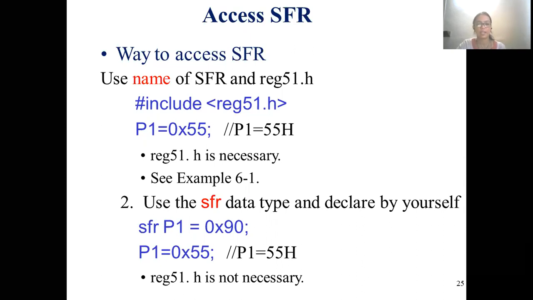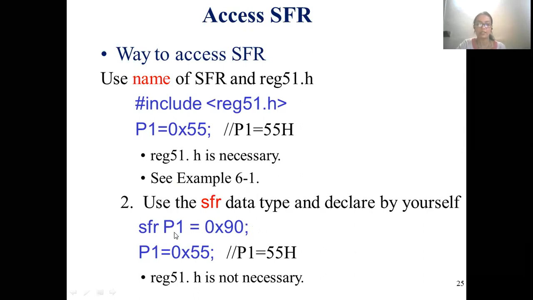Now if you want to access your SFR, that is your IO port, you can directly write P1, that is port 1, equal to 0x55, and reg51.h is necessary here. The SFR address which you declare by yourself is in the form of hexadecimal only.